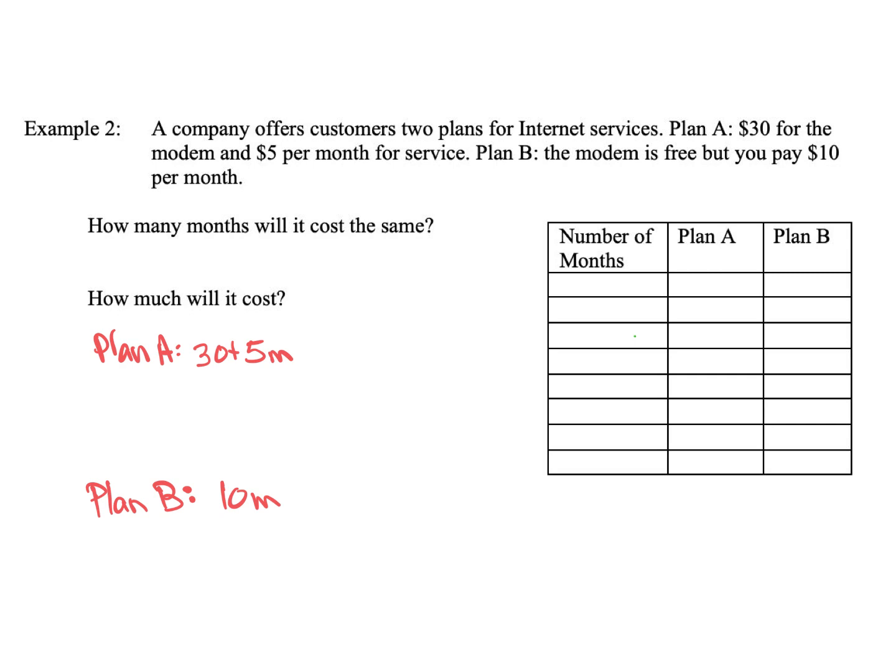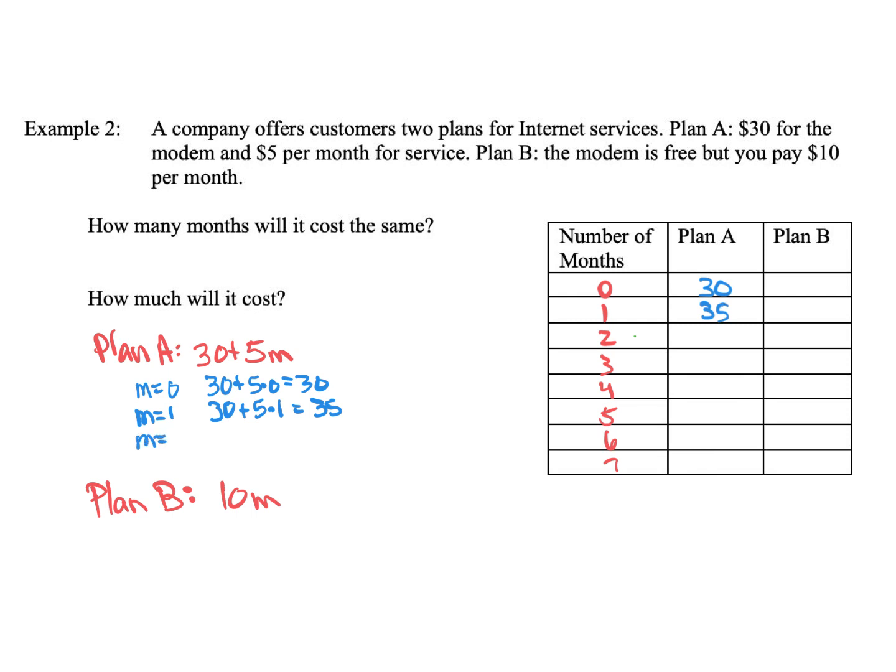All right, so we're going to fill in our table. So 0, 1, 2, 3, 4, 5, 6, 7 again. We're trying to see when both of them are the same. So again, we're going to put in the months. Month 0. For plan A, 30 plus 5 times 0, that's 30. What about 1 month? So we have $30 and 5, that's 35.